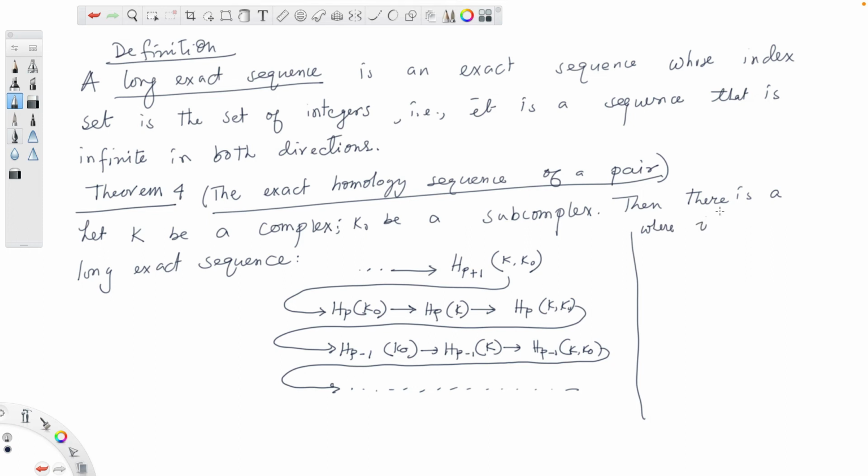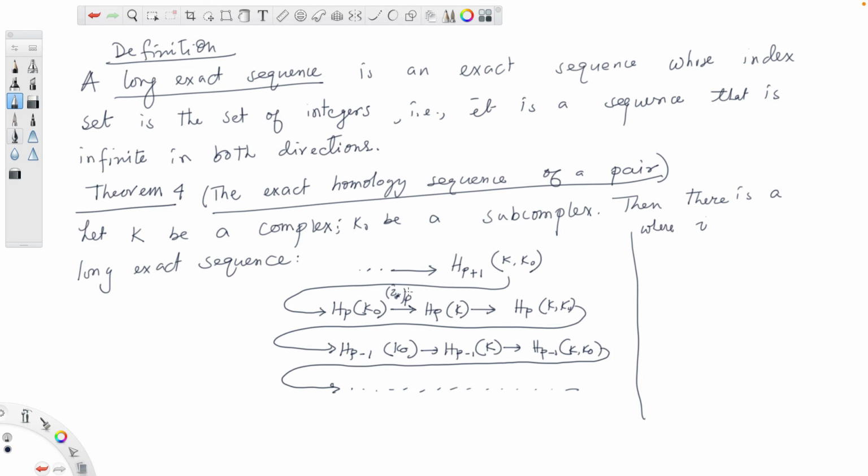I need to mention that the map from HP of K0 to HP of K is the inclusion I star at P, star because it's the induced homomorphism at the level of the homology groups.